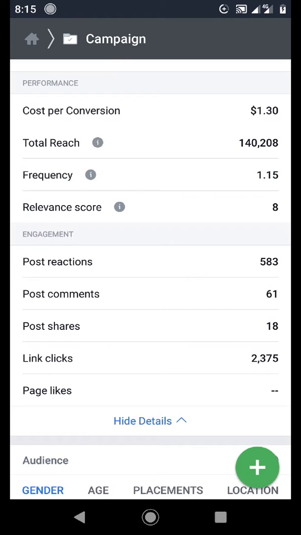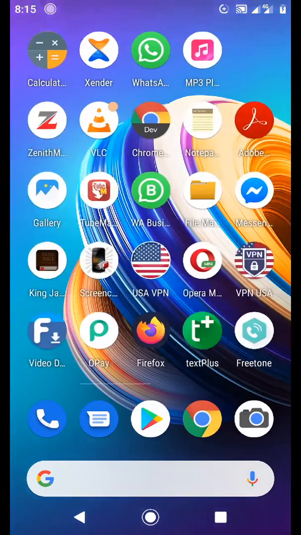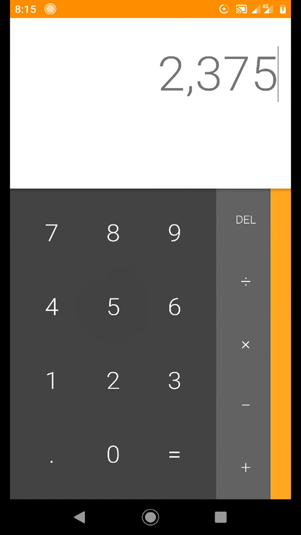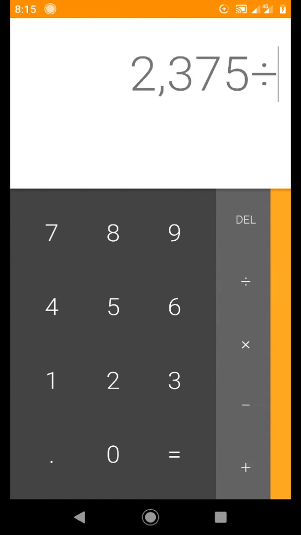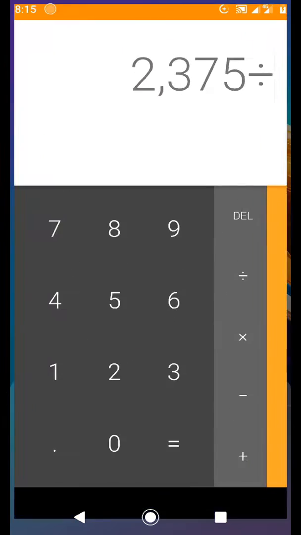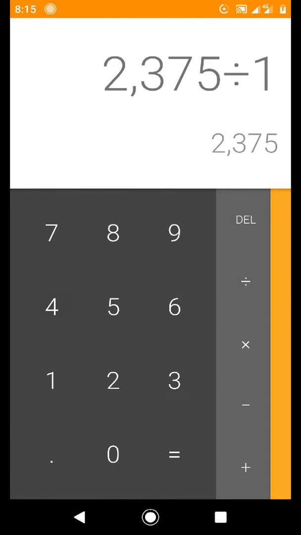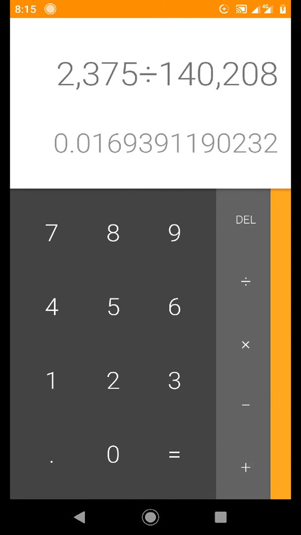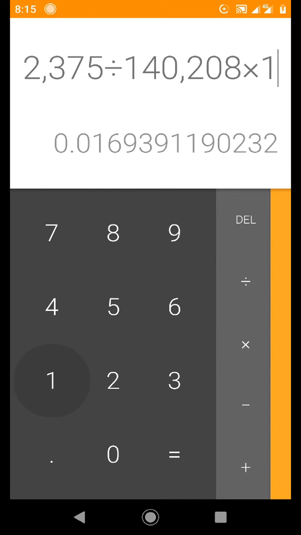Then what you now do is find the ratio of the two, and it must not be less than 1%. So let's just do this: 2375 divided by 140,208, then we'll multiply it by 100.